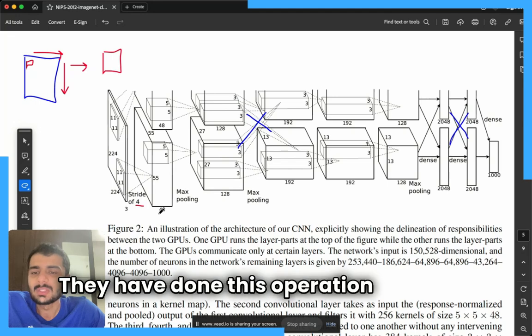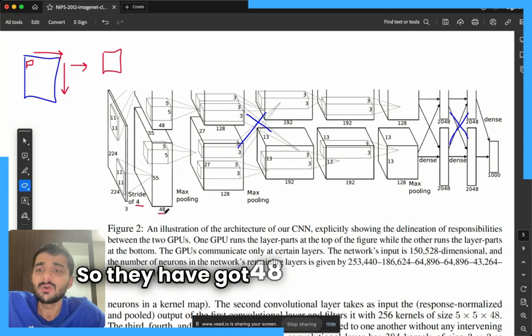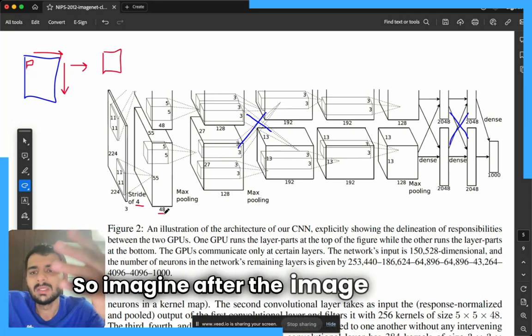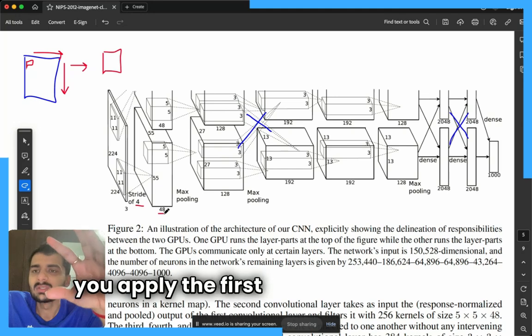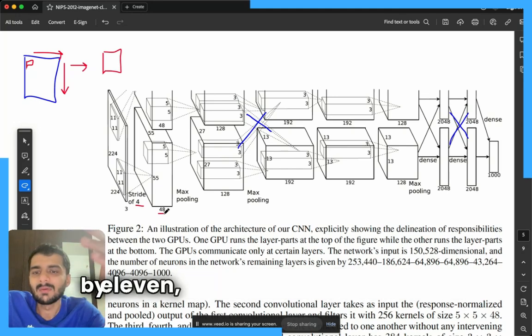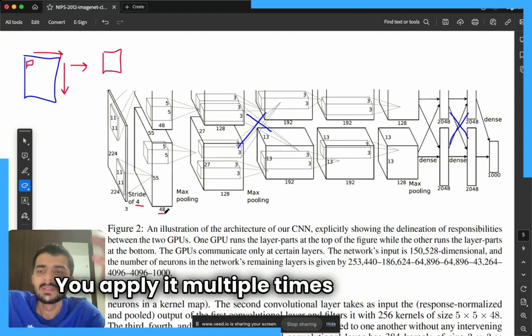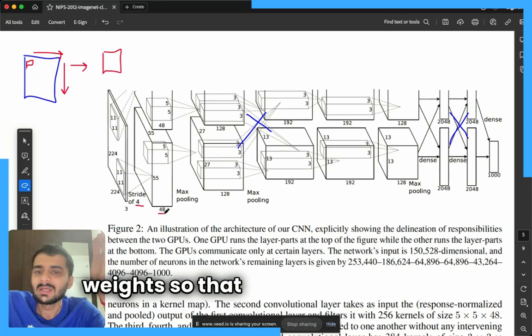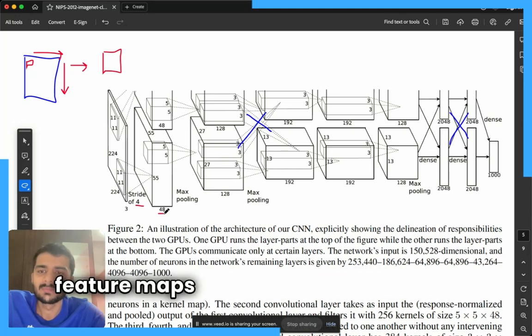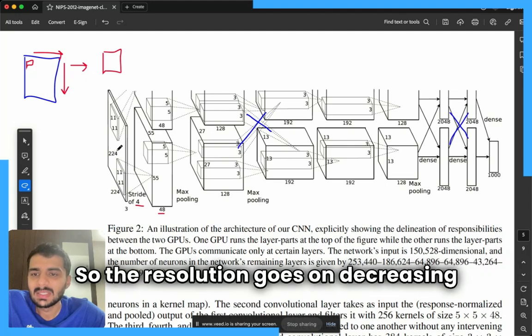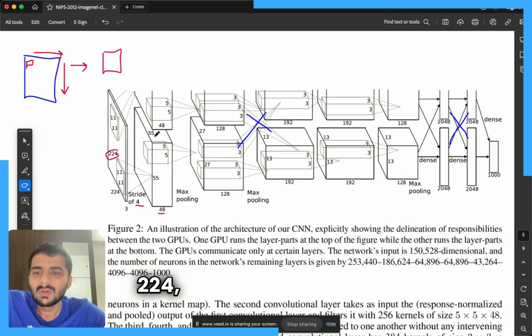They have done this operation 48 times, so they have got 48 different feature maps. So imagine after the image is fed and you apply the first filter of size 11 by 11, you get one feature map. You apply it multiple times with different weights, so that you get 48 different feature maps, which are mentioned here. So the resolution goes on decreasing. From 224, it has reduced to 55.